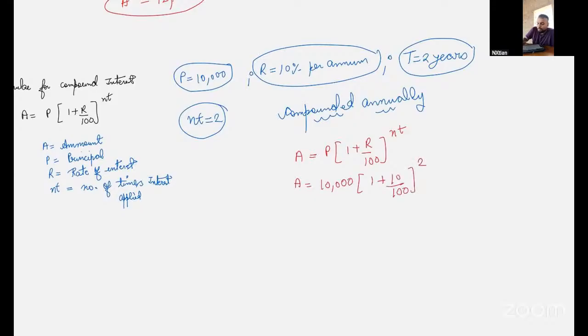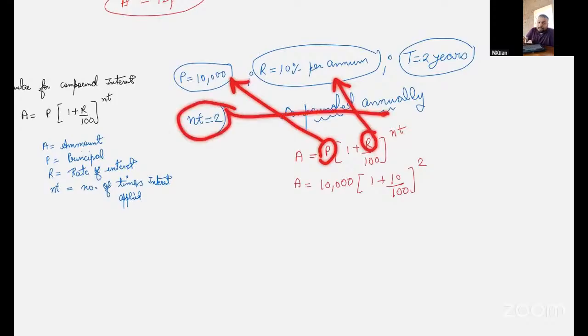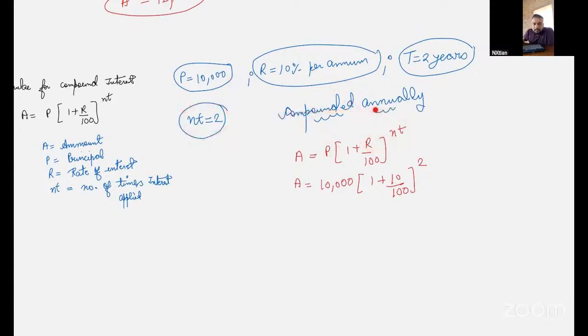The value of NT is 2. Did you understand? Please pay attention. I just put the values. The principal was 10,000. The rate was 10%. The NT value we got as 2 because we are applying the interest 2 times. Did you understand, Abraham? Christiana? David, everyone understood? Now we have to solve this.